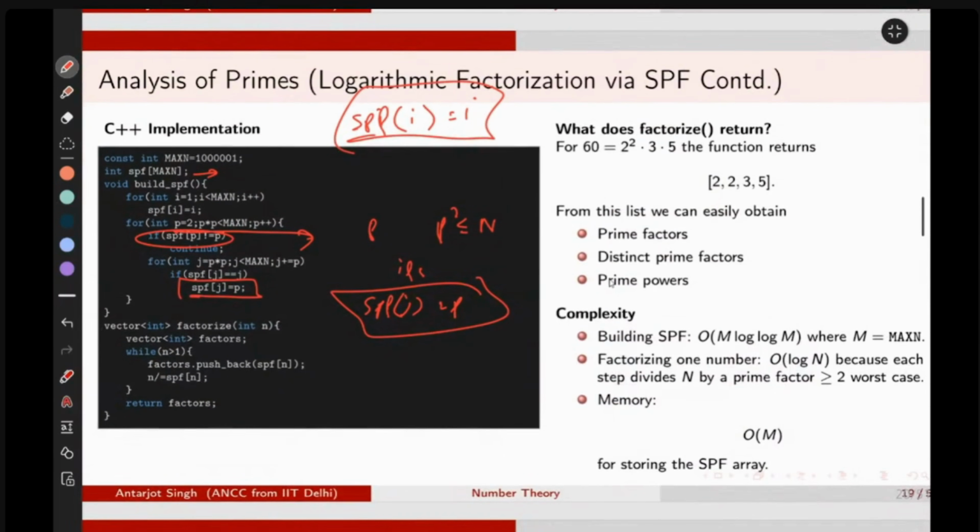Then to get the factors, you repeatedly divide n by SPF of n, take the number you get, and do this again, and you get all the factors of the number.